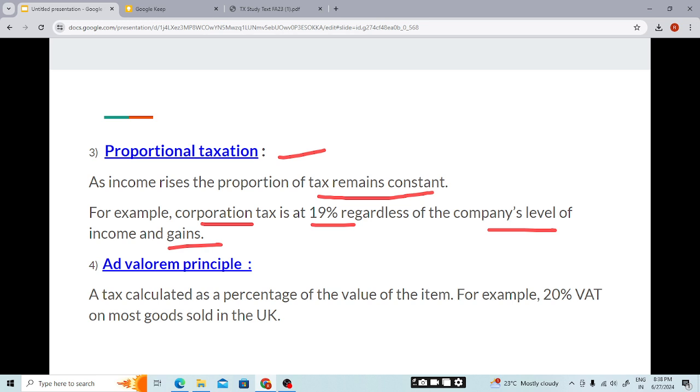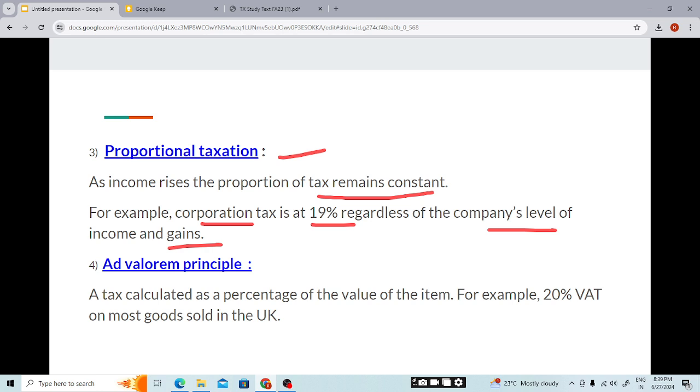If you earn 10,000 pounds, you'll be paying according to that percentage, that portion of tax. If you earn 1 lakh, you'll be paying the same proportion of tax. But compared to regressive, where the proportion of the tax varies, the tax amount you pay is the same whether you earn more or less income, but the proportion of tax paid on your income will be different.